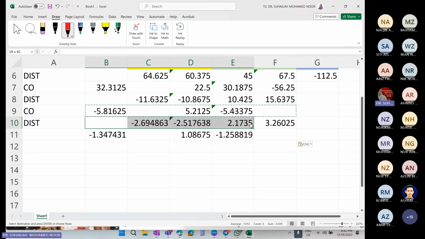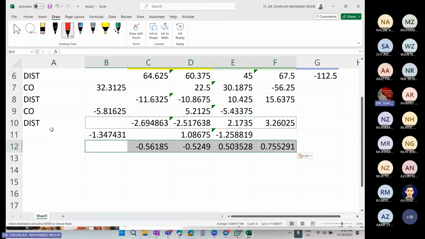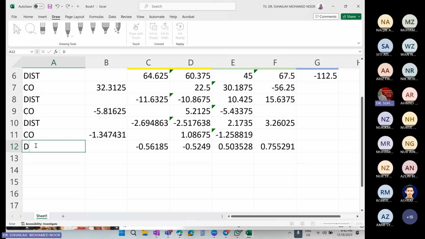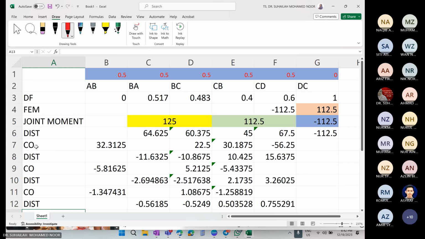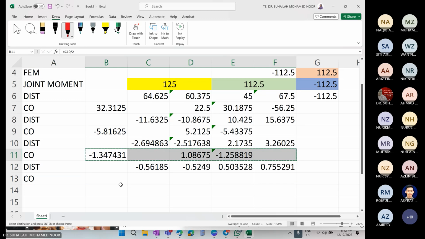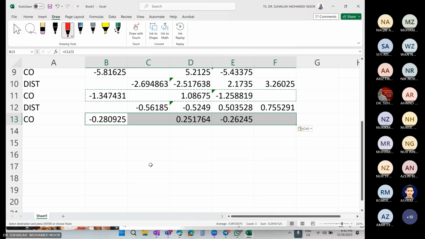And then distribution again. Okay, you have to do it manually, 5 or 6 times distribution. This is carryover. This is distribution. Distribution 1, distribution 2, distribution 3, distribution 4. But now it's carryover. Okay, next is distribution.